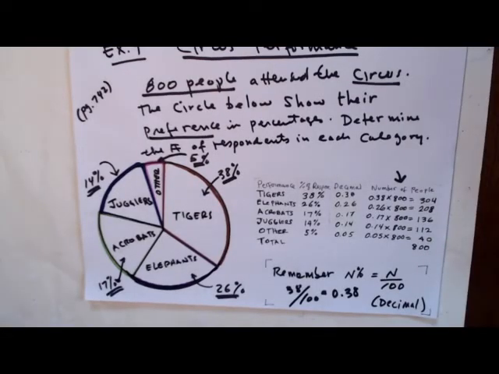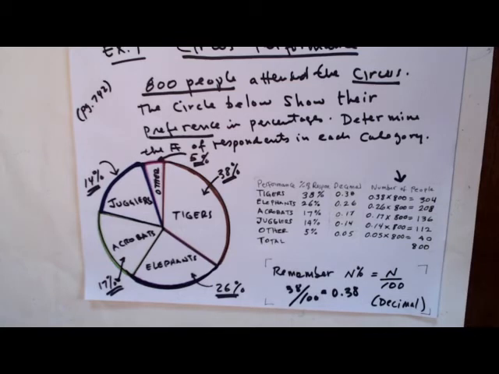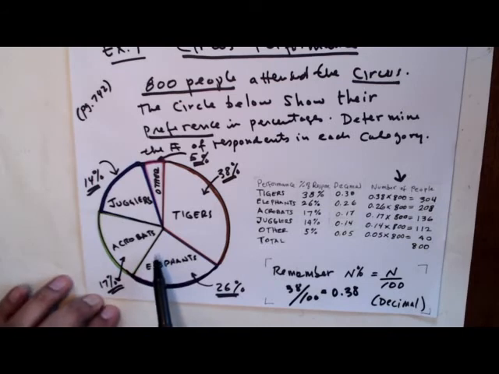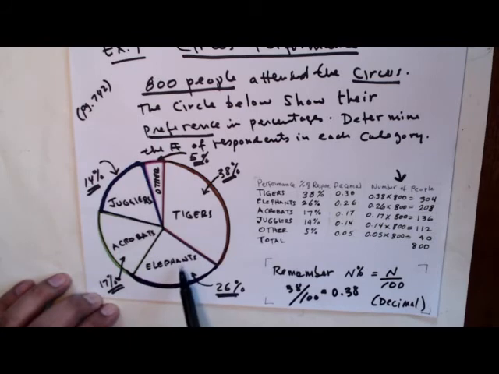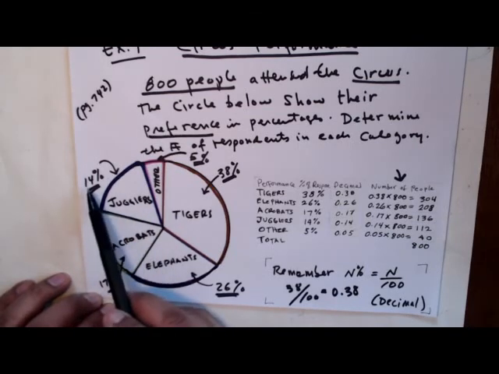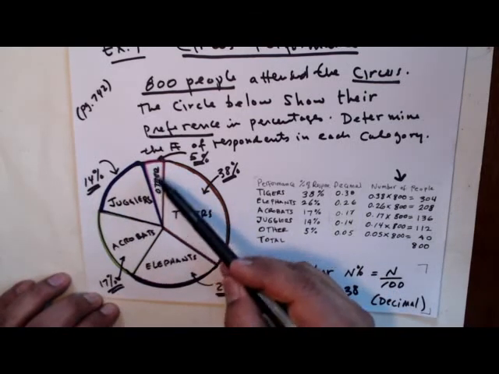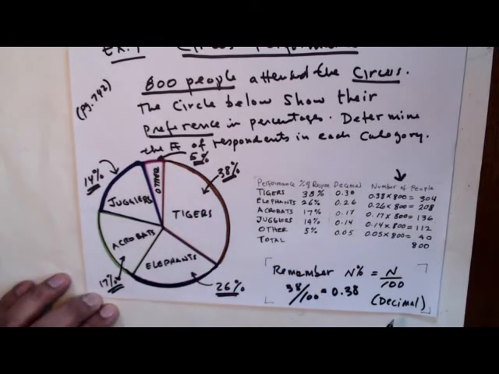We are moving on to example number 9 in the book, found on page 742. In this example, we are given a pie chart with certain percentages. We have tigers, 38%, elephants, 26%, acrobats, 17%, jugglers, 14%, and then there are other performances of 5%.